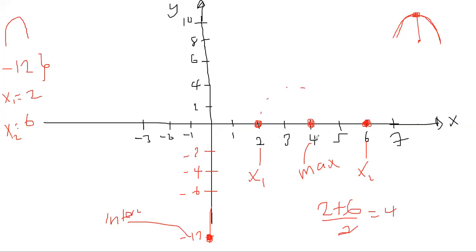Then we will take this 4 and evaluate it using the function. Don't worry, I will tell you how we got this 4. But this 4 is clear. How we did it is we take these roots, 2 plus 6, which gives 8, and divide by 2.